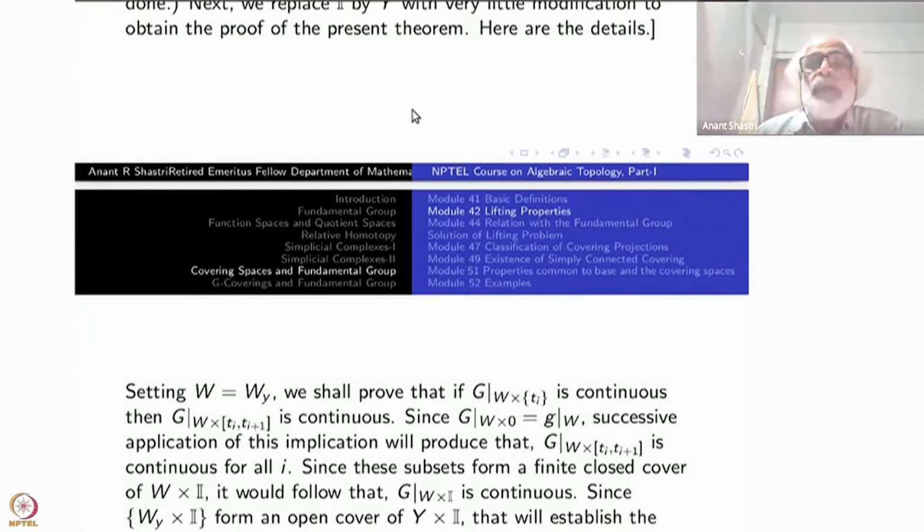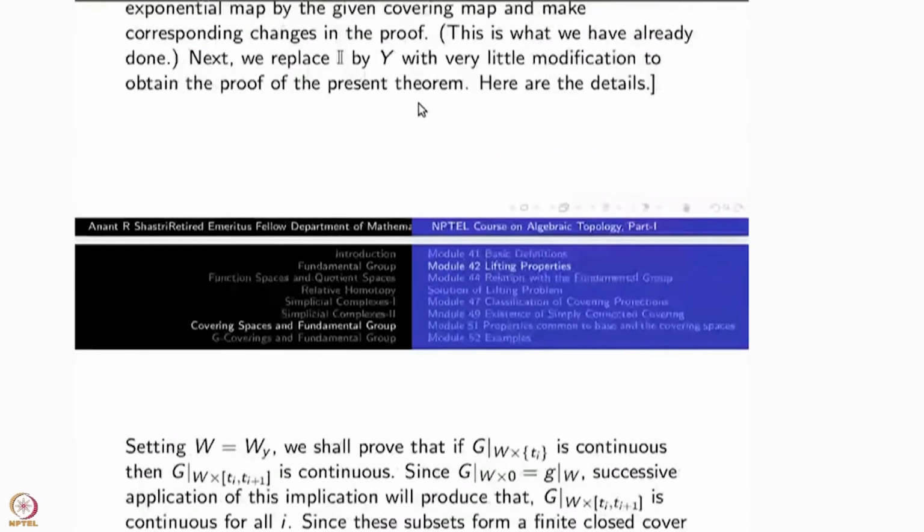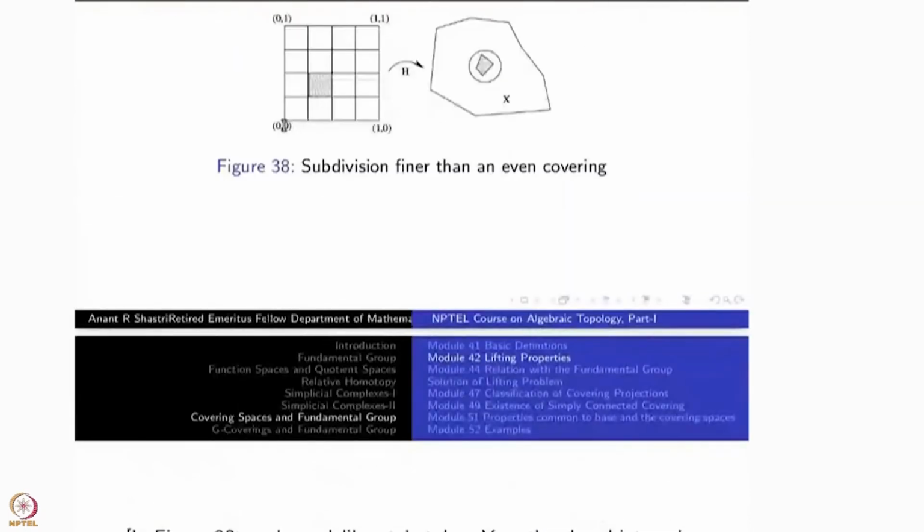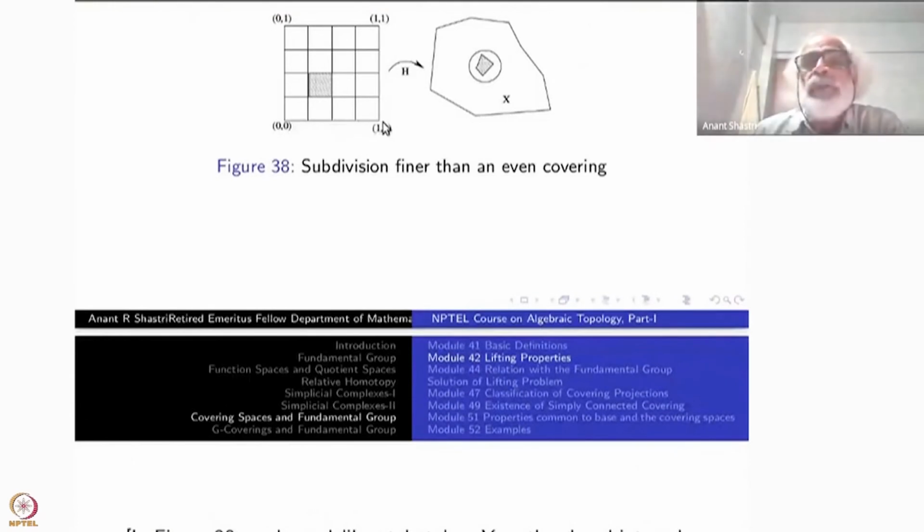So what I'm trying to say is, start with this one, on which you have your function continuous. Therefore, you get a continuous function along this one, because this whole thing is contained inside a single evenly covered neighborhood. So the inverse image makes sense because it is an evenly covered neighborhood.